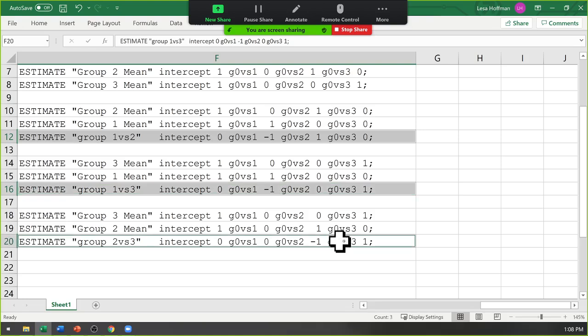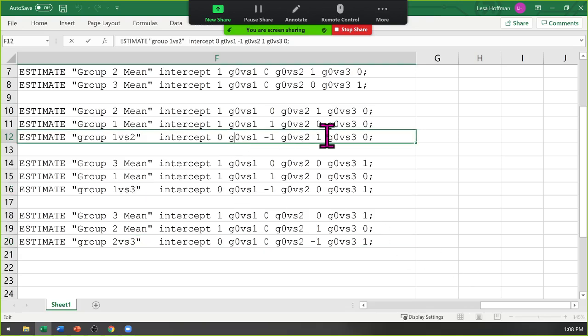The lines for the implied slopes, they have a pattern to them. So for instance, for group 1 versus 2, it's the slope that would distinguish group 1 with a minus sign, and then the slope that would distinguish group 2 with a plus sign.